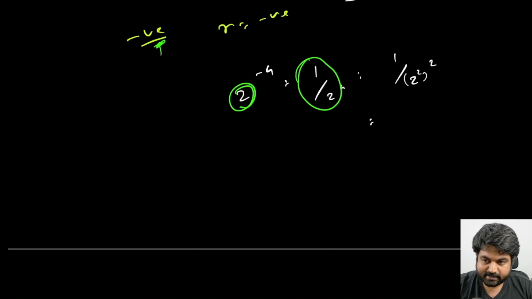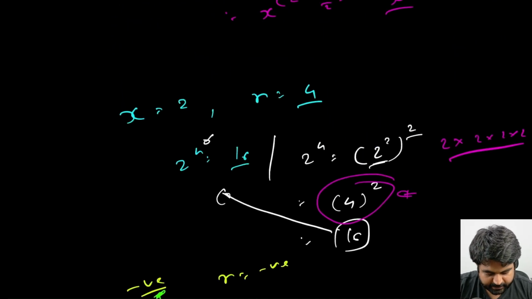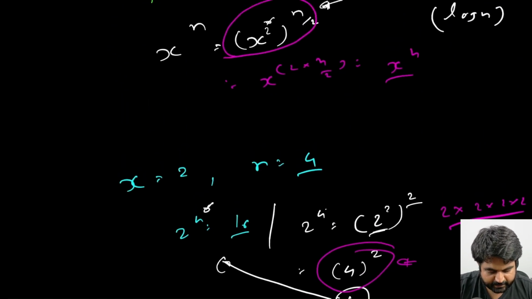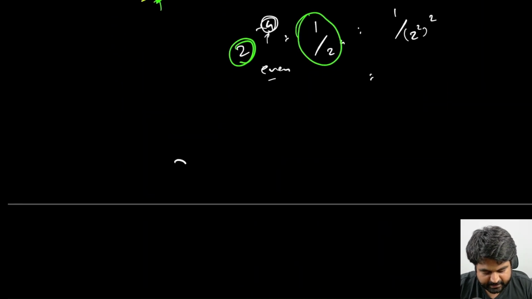Now there is another scenario that we did not consider, and that is that so far we considered the value of n to be an even value. That's why doing the operation of n divided by 2 was easy. But what if this was an odd value? Let's say for some reason we are given x to the power 5.